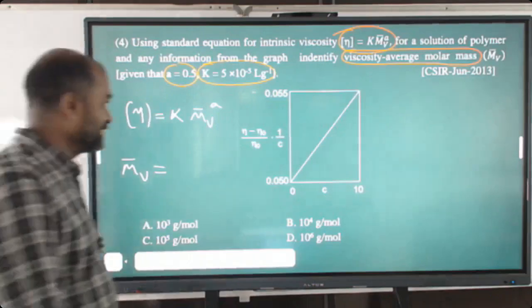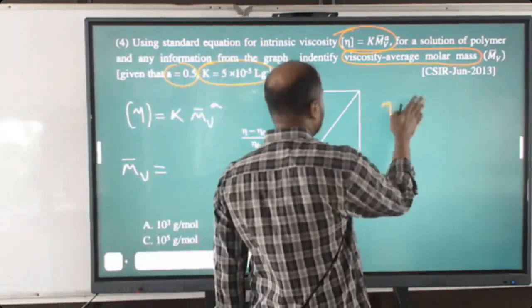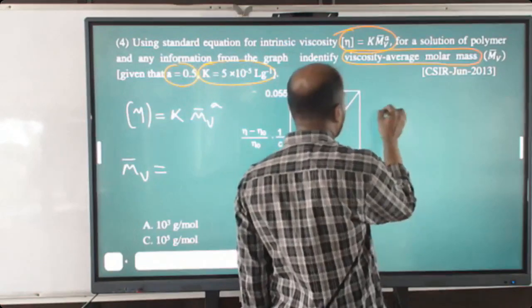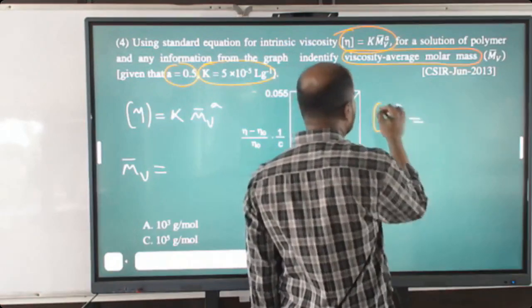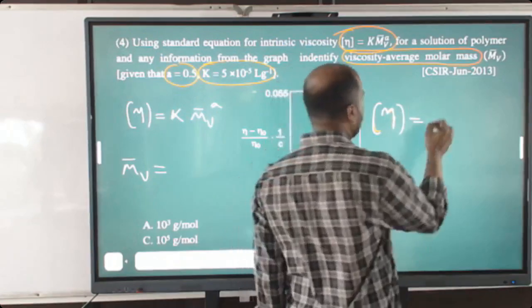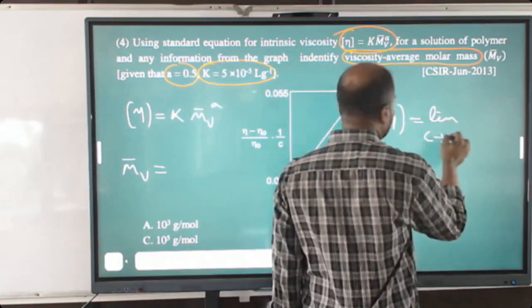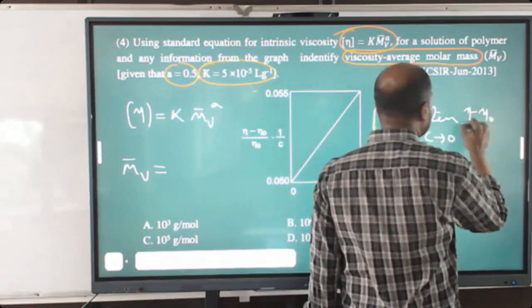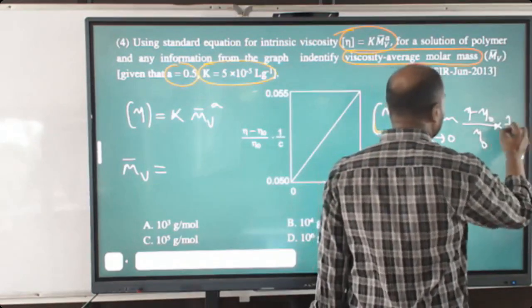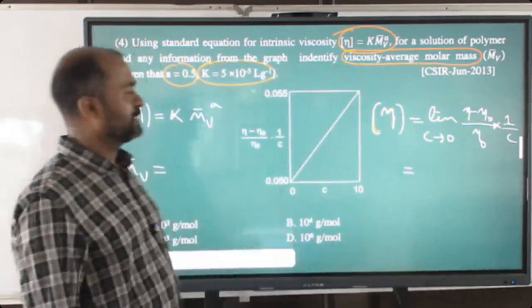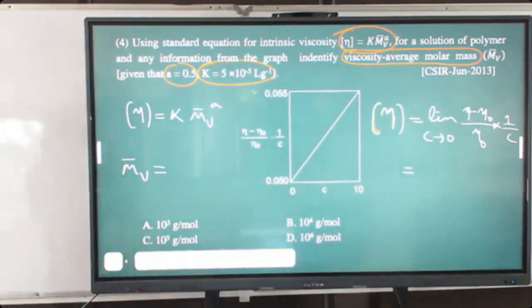we need to know the equation for intrinsic viscosity eta. Intrinsic viscosity eta is equal to limit concentration tends to 0, eta minus eta 0 divided by eta 0 into 1 by c.